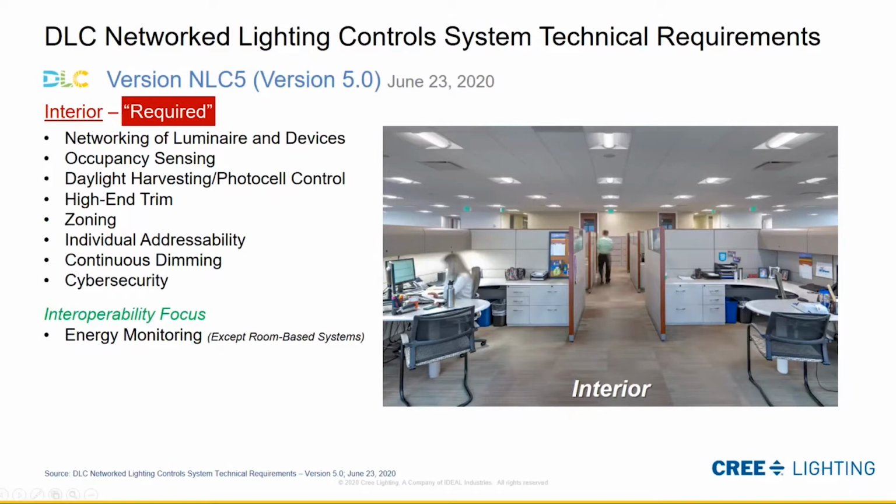High-end trim. If you think of most troffers in this office environment that we're showing here, they might come in 4,000 lumens or 5,000 lumens, something along those lines. You might not need all that light initially to actually achieve your task light luminance.